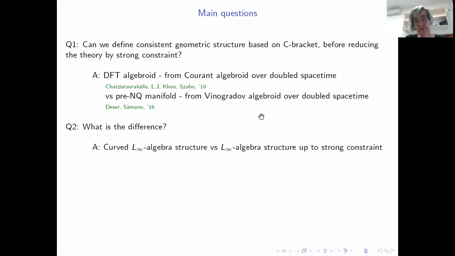The starting point for both of these constructions is actually the same, and it's based just on the simple observation that in double field theory, you are doubling your target space, your space-time. It becomes 2D space-time, while a Courant or Vinogradov algebroid is basically a generalized algebroid with a generalized bundle over, let's say, a d-dimensional manifold, but the bundle is sort of 2D-dimensional. So in this algebraic construction, you are doubling the bundle, while in double field theory, you are doubling the base.